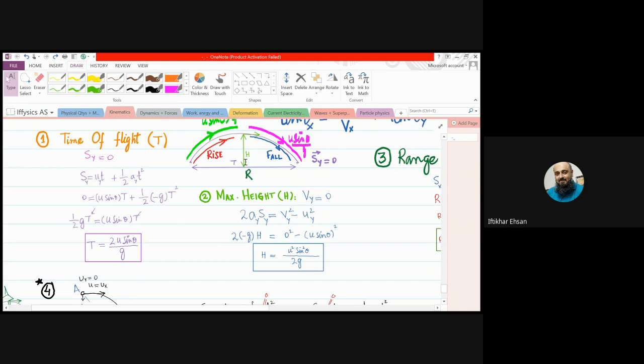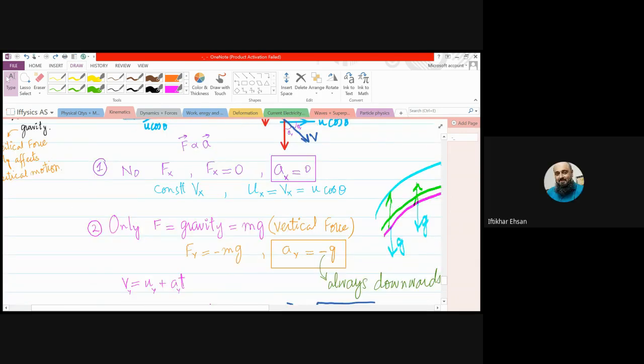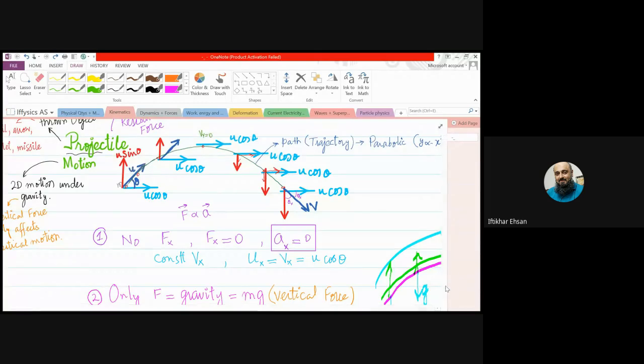The vertical component at the highest position is 0, and the initial vertical component is u sine theta.